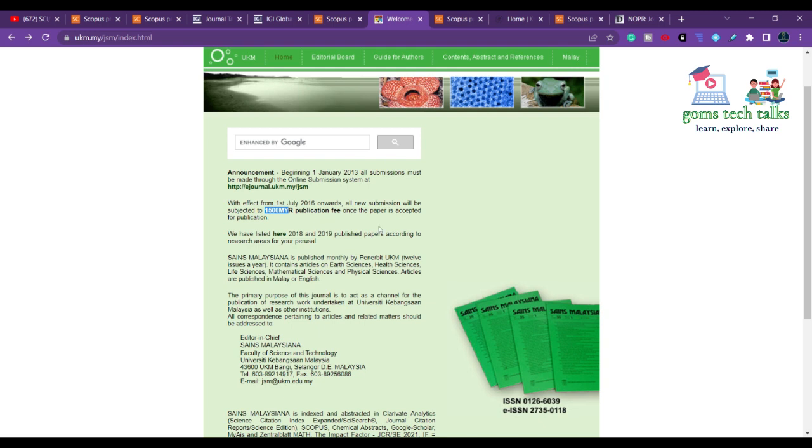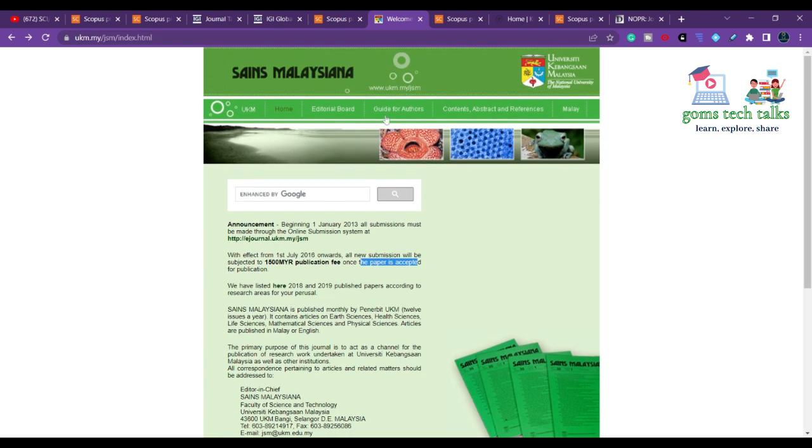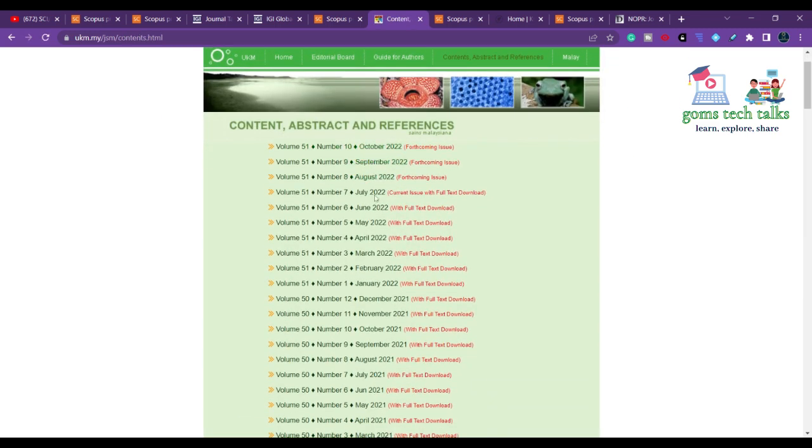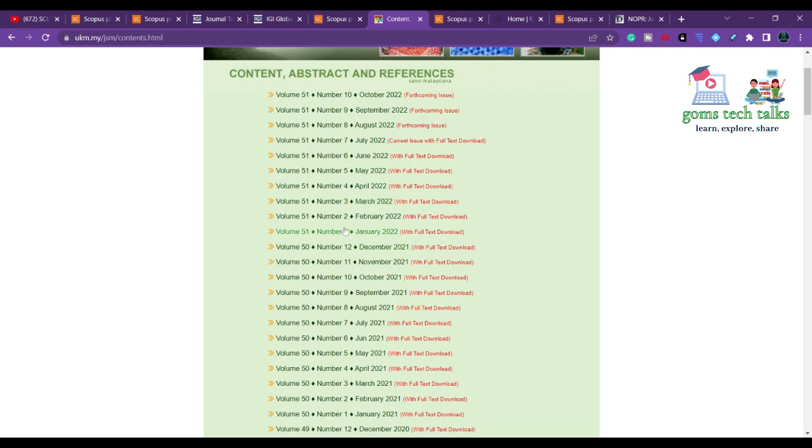You have to pay this once the paper is accepted, and this journal is publishing 12 issues a year. You can see that in 2022 itself they have published every month, right?